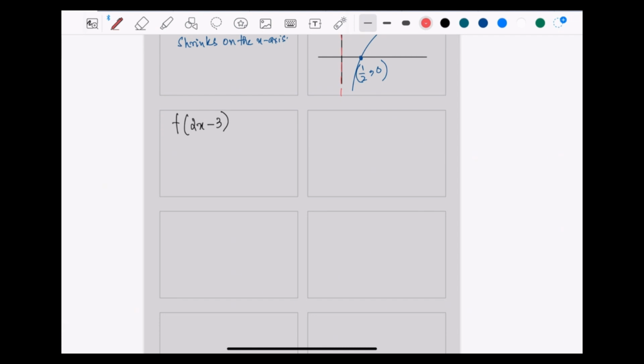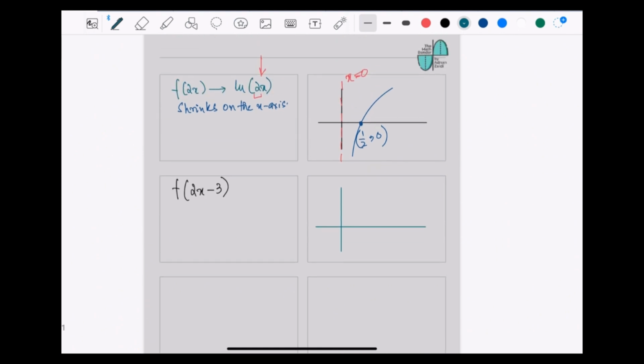The first step, you draw the function f of 2x, which is already there. The next step, if you take 2 common inside, you will see that x minus 3 over 2. Now 2x function, keep that in mind, the distance between the asymptote and the x-intercept is half.